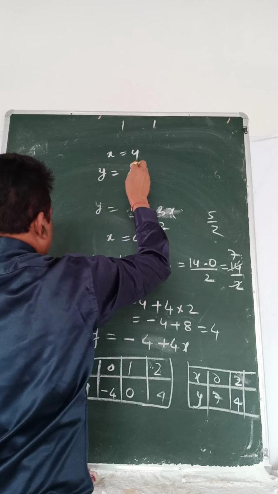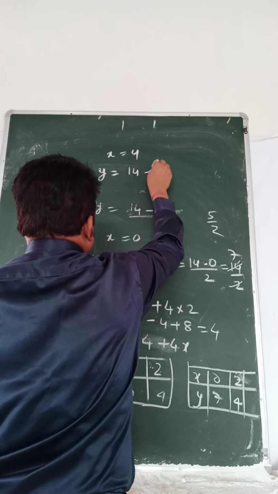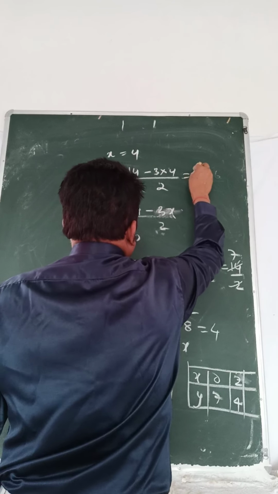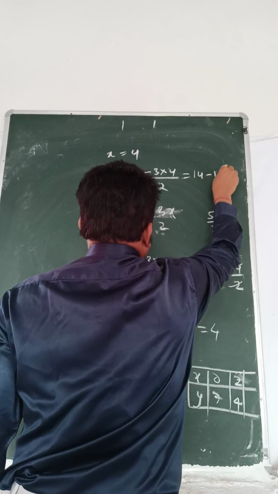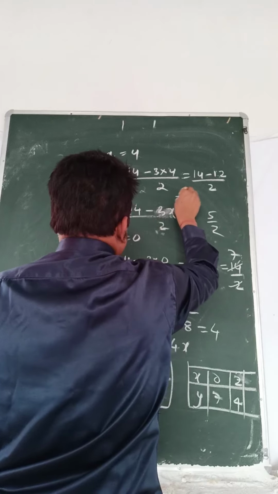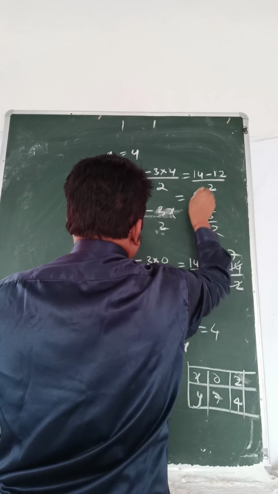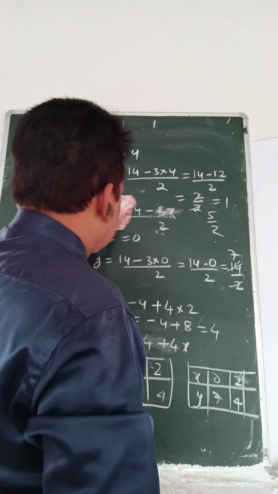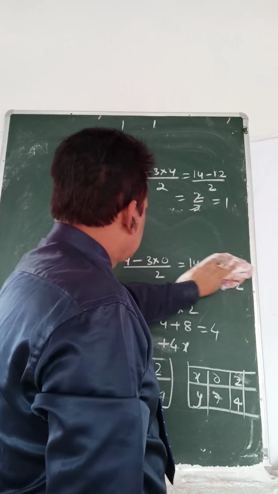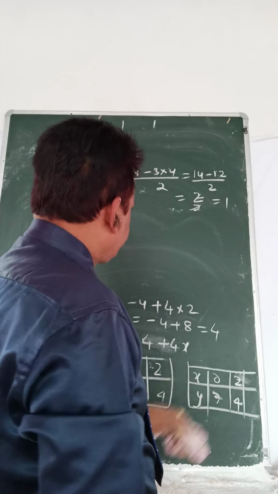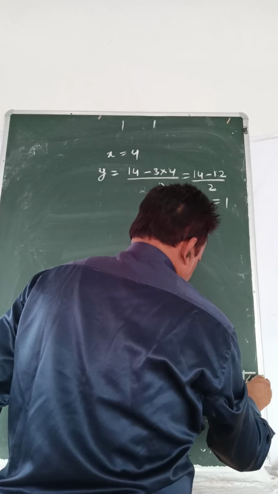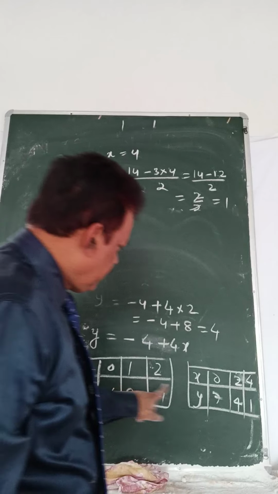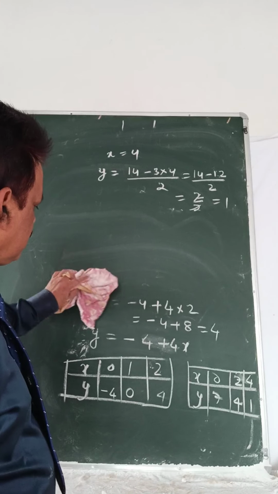Y equals 14 minus 3 into 4 by 2. 14 minus 12 by 2, 2 by 2, that is 1. So (4, 1).